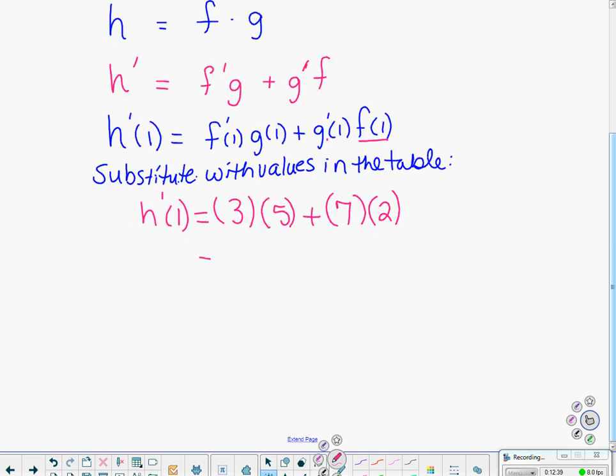And if I want the derivative evaluated at a point, I'm expecting a numeric answer. So H prime of 1 is 29. Ooh, that's a steep slope. Kind of nice. Easier to do than actually with the functions, right? Where I have to go like 3x squared plus 7.